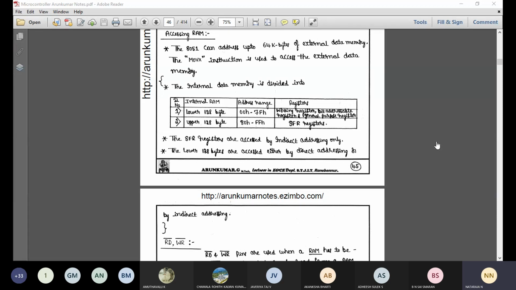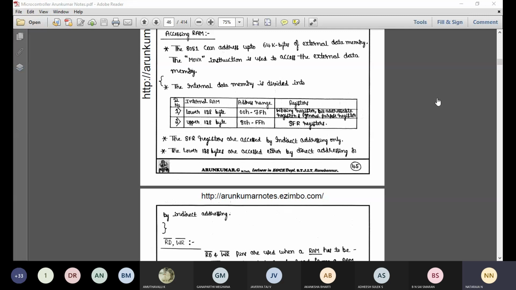Jitendra, present, sir. Deepika, present, sir. Deepti, present, sir. Krishna Rohit, present, sir.